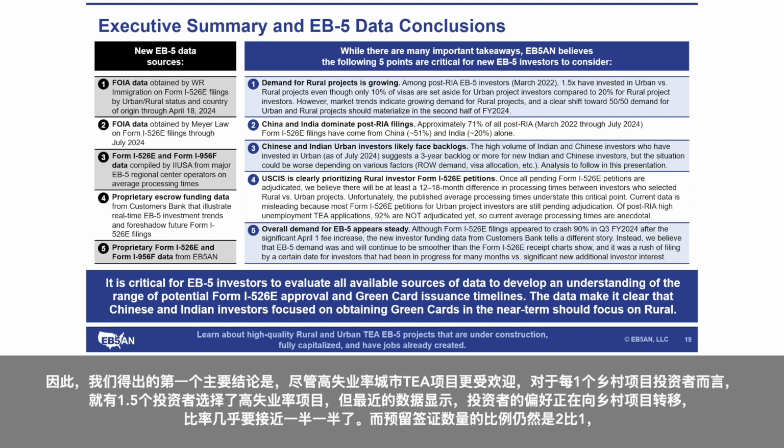The first main conclusion that we've come to is that although the high unemployment urban TEAs have been much more popular, with 1.5 investors choosing high unemployment for every 1 rural investor, it does seem, based on the recent data, that it is shifting more towards rural, almost closer to a 50-50 balance.